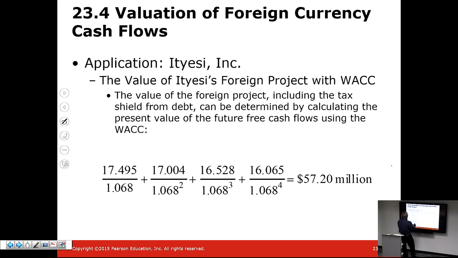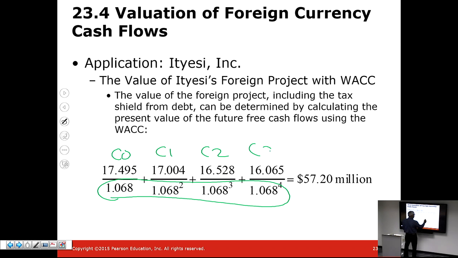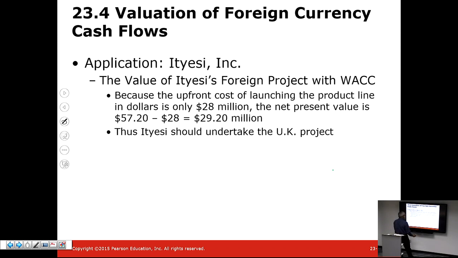And once I have that, I take the present value. So this is C0, C1, C2, C3. I is 6.8%. Sorry, this is C1 actually. C1, C2, C3, C4. That gives me the present value of the future cash flows. I subtract that from the initial cash flow, and I get my net present value for the project.